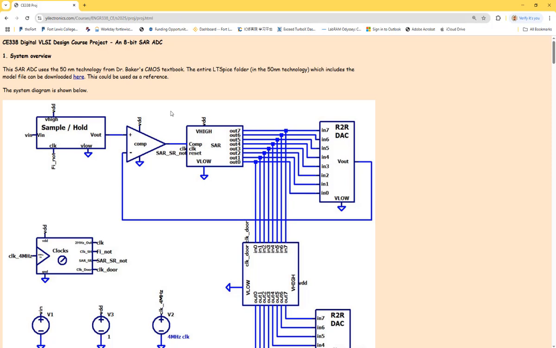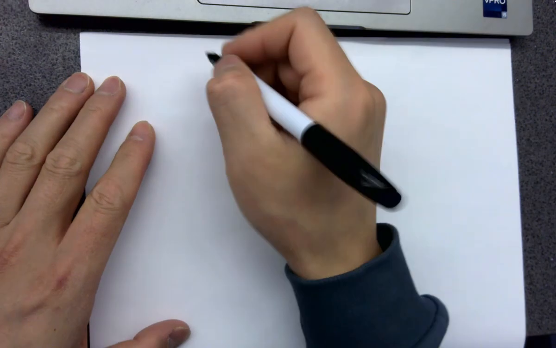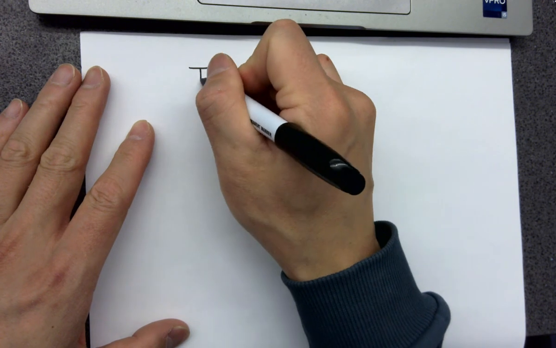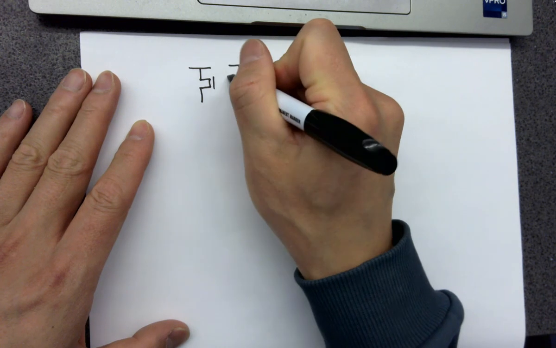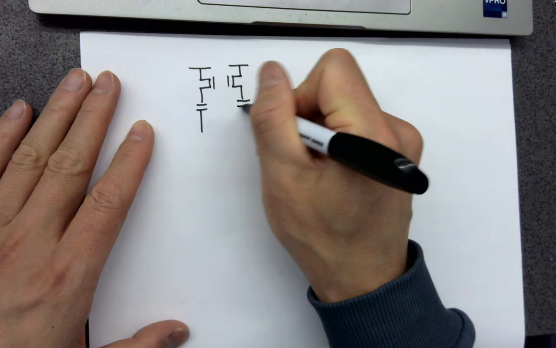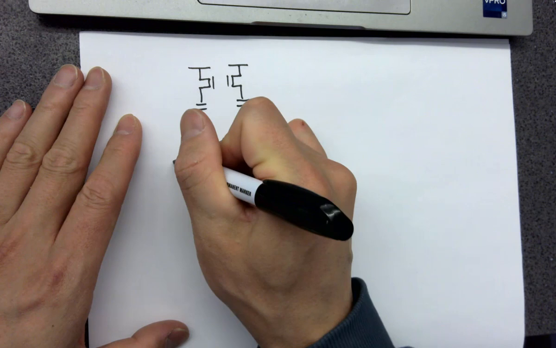Timing means when this circuit is going to do what, right? You must be very familiar with this structure.